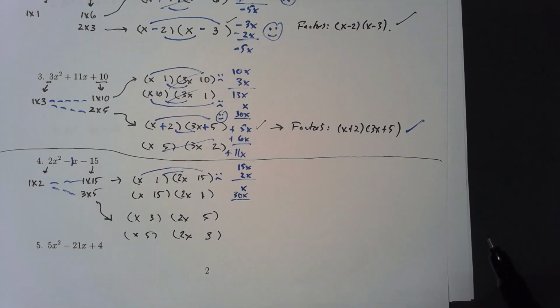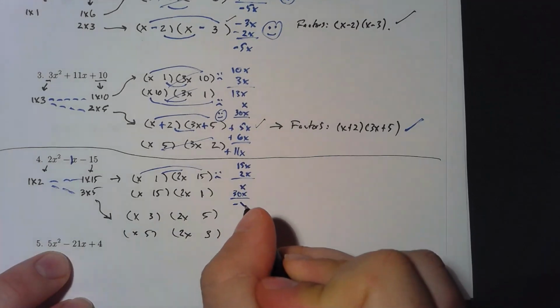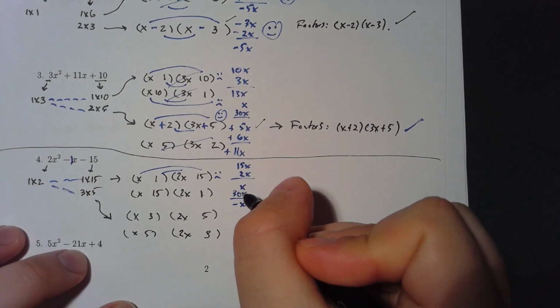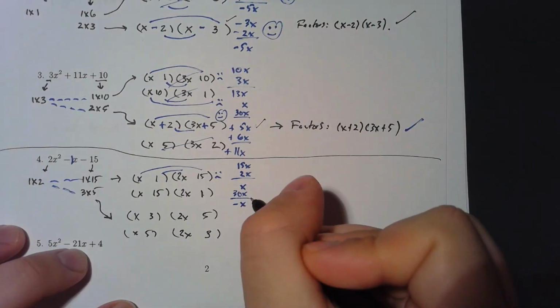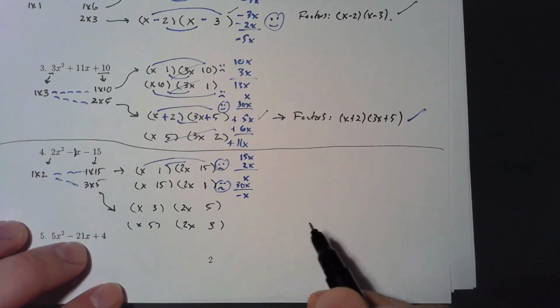Alright, could I get -1x from here? So how would I get -x there? Well, if I add them together, I'm going to get 31 or 29, so I don't know if that's going to work. So I guess that's not going to work.